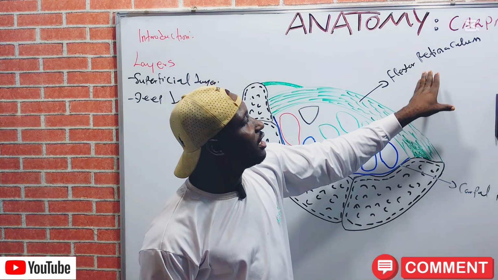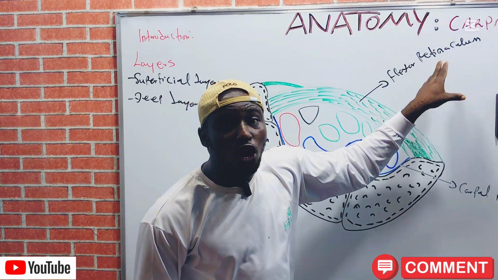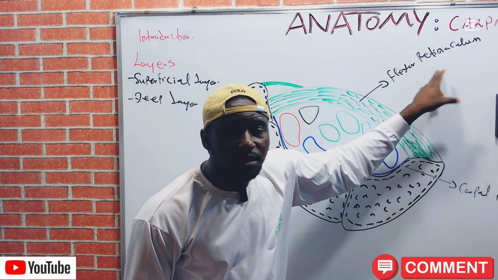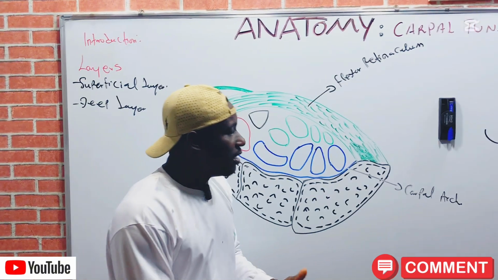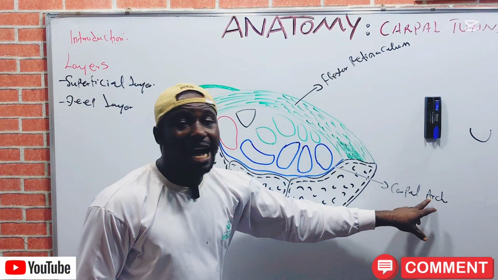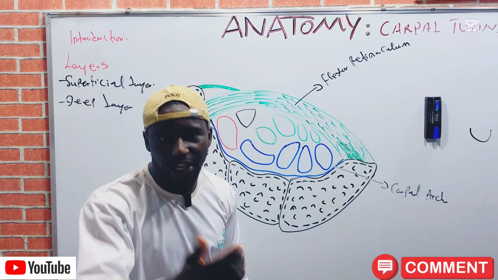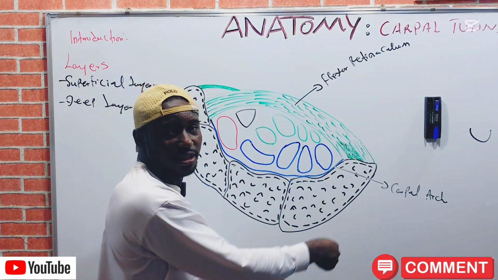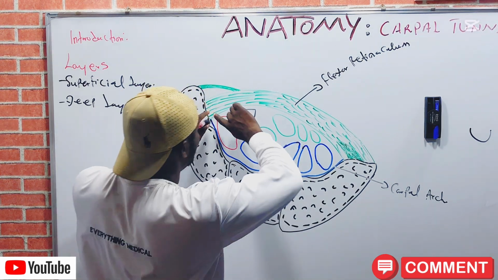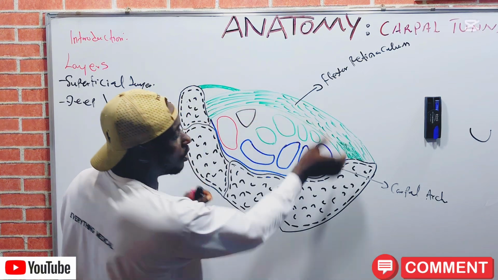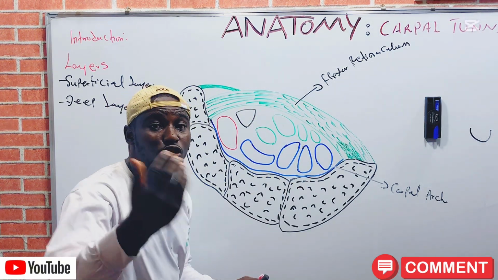It is this connective tissue that converts the carpal arch into an osteofibrous tunnel, because it overlies it, converting it into a carpal tunnel, which is an osteofibrous tunnel.